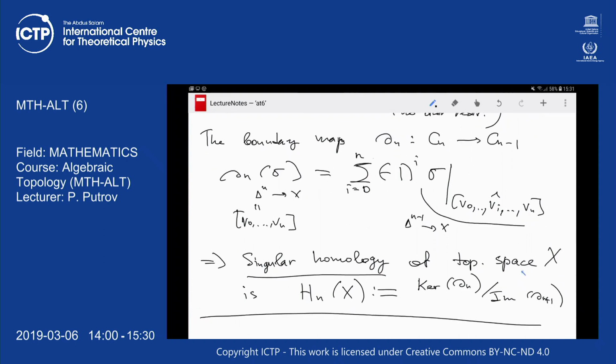Again, here we just use the topological space. We don't need any extra structure as for the simplicial case.